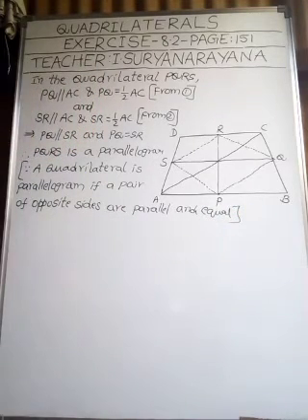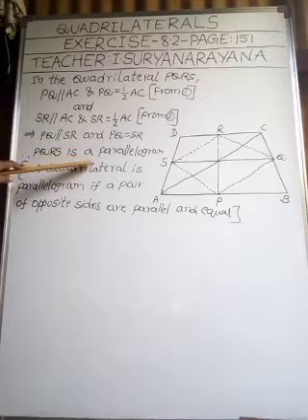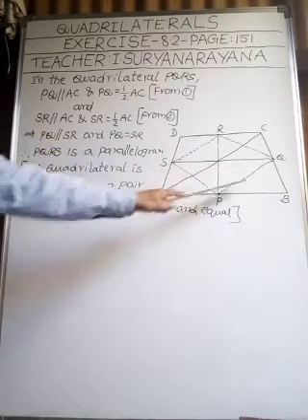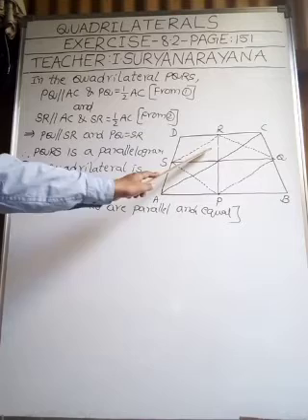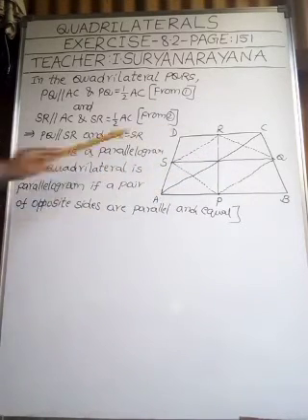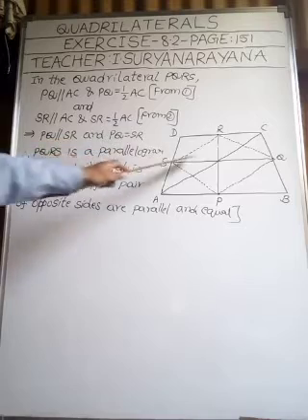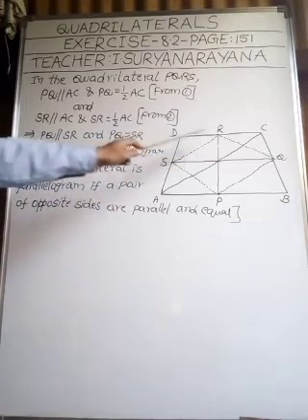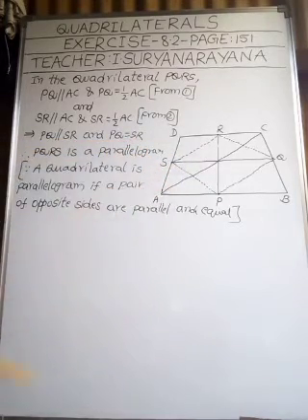So by using this property, we say that PQRS is a parallelogram. In this quadrilateral, these two are opposite sides. Yes or no, my children? So these two are parallel to each other. PQ is parallel to SR and PQ is equal to SR. They are equal also. Then we can say that this quadrilateral is a parallelogram.